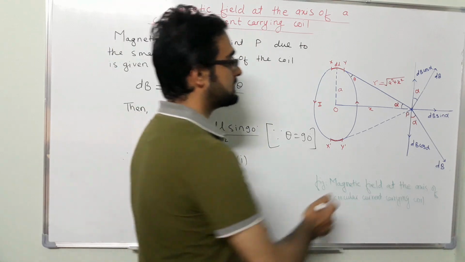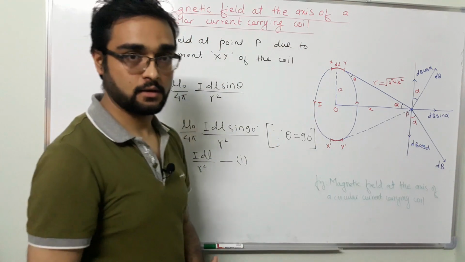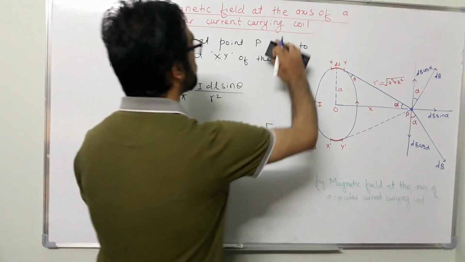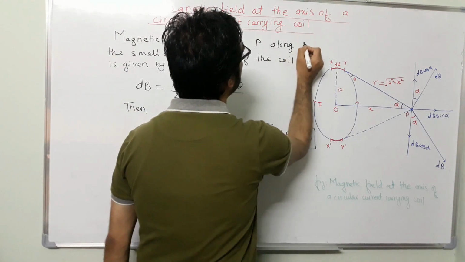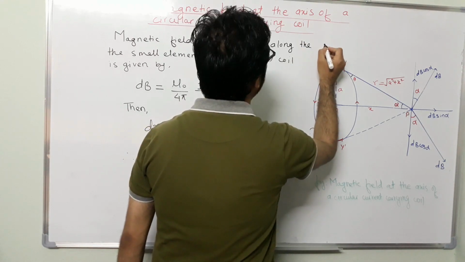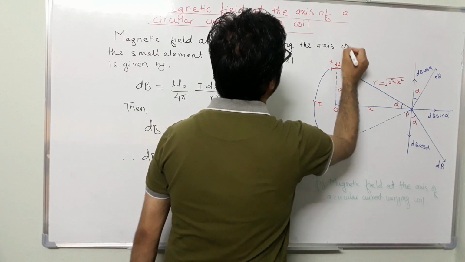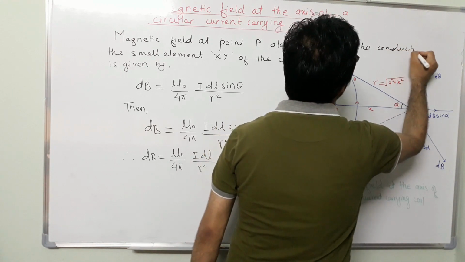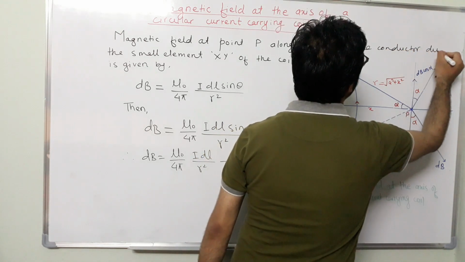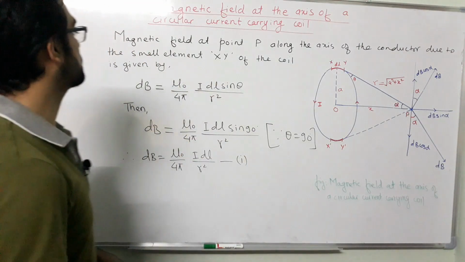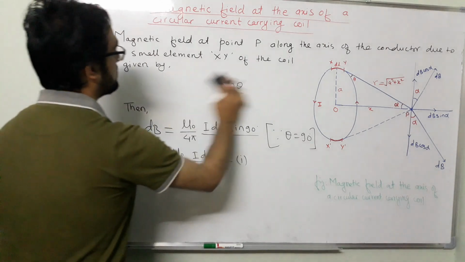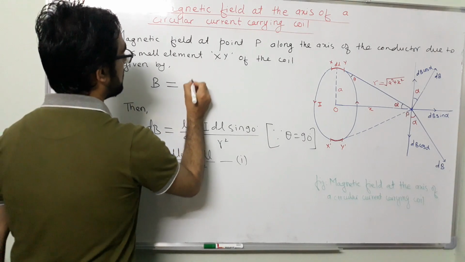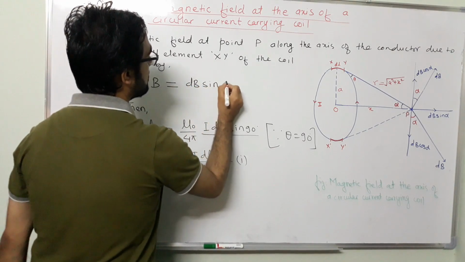Now the total magnetic field at point P along the axis of the conductor can be calculated as follows. The magnetic field at point P along the axis of the conductor due to the small element XY of the coil is given by dB sin alpha.